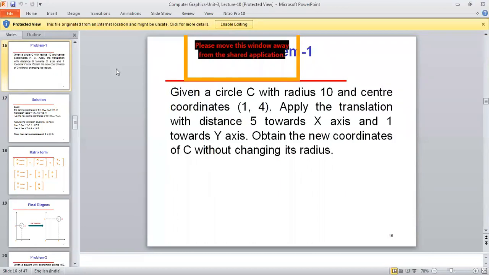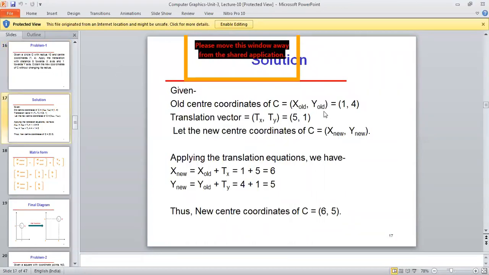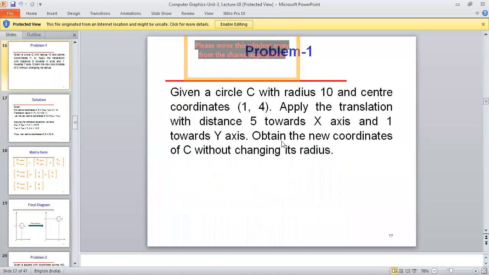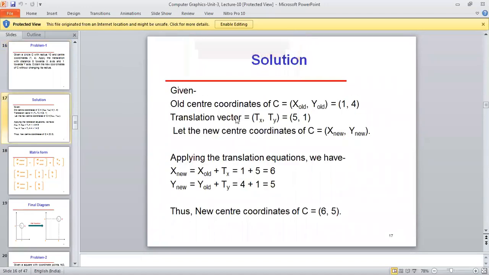These are the coordinates, meaning x old and y old, the original values of x and y, the initial points. Translation vector tx comma ty is already given here, 5 and 1. Let the new center coordinates be x new, y new. In a similar way we will calculate x new, y new.